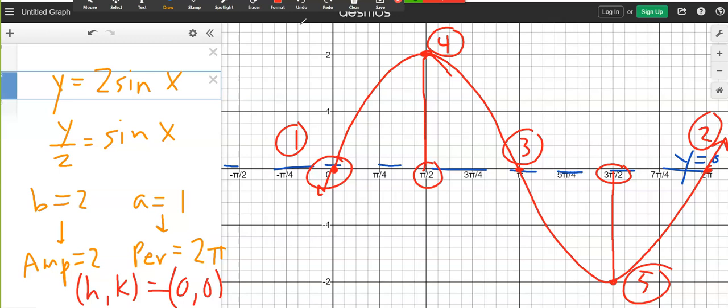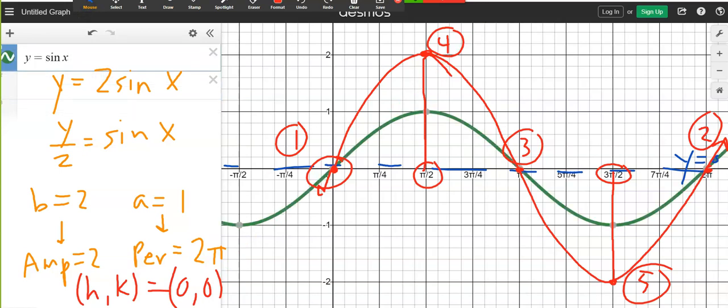But it didn't stretch. What do you mean it didn't stretch? It only got higher. It didn't stretch out. Well, no. It stretched. The points got stretched up and down.